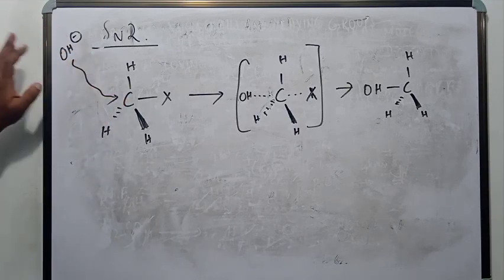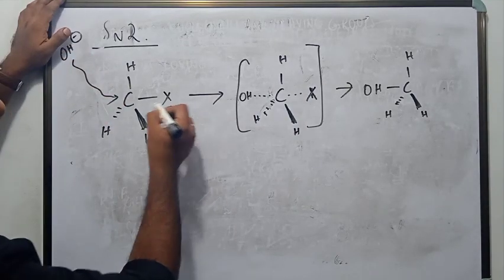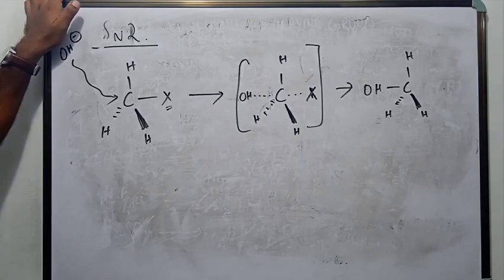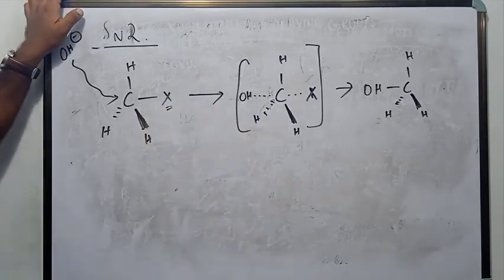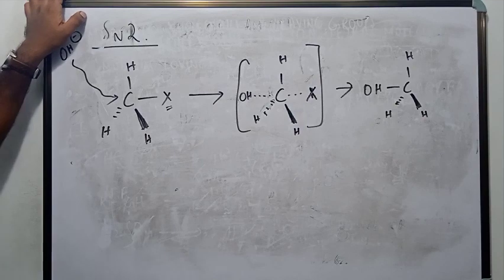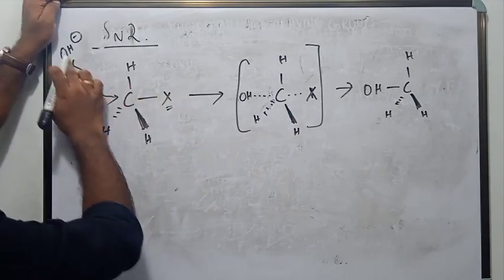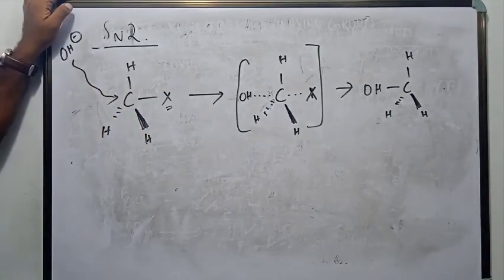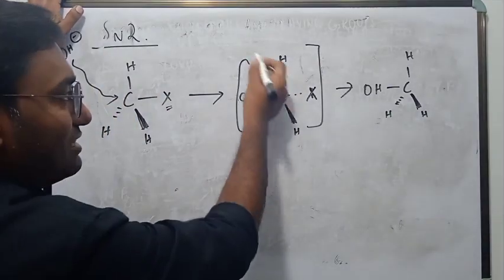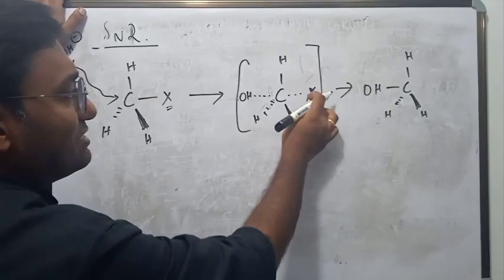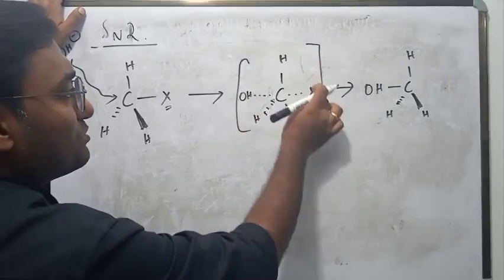And the leaving group, here X, should be a poor leaving group. Why should it be a poor leaving group? Because it has to wait till the nucleophile comes and attacks. Only then can this intermediate, where atoms are arranged as spokes of a wheel, be formed.